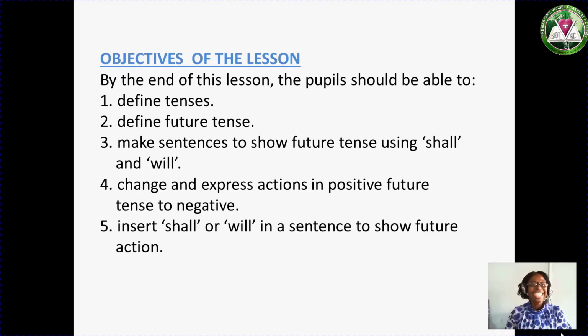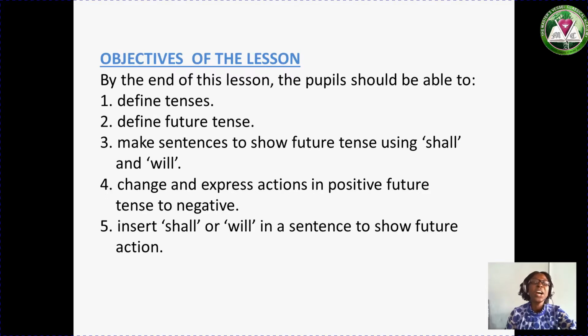Now let's see the objectives of this lesson. By the end of this lesson, the pupils should be able to: 1. Define tenses. 2.